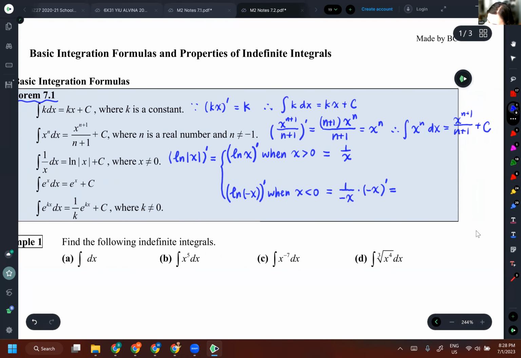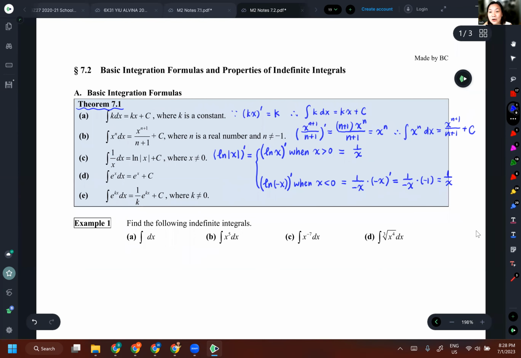This is equal to 1 over negative x times negative 1. The outcome is also 1 over x. So although this function is piecewise, no matter what x is, positive or negative, after differentiation the outcome is 1 over x, no matter what. And that is why C is correct.